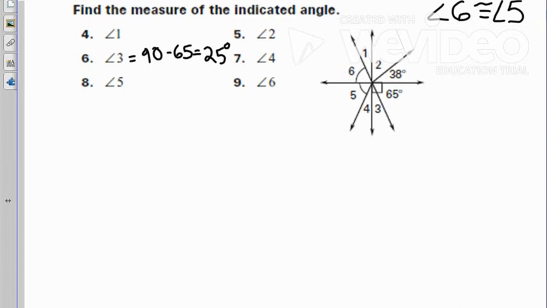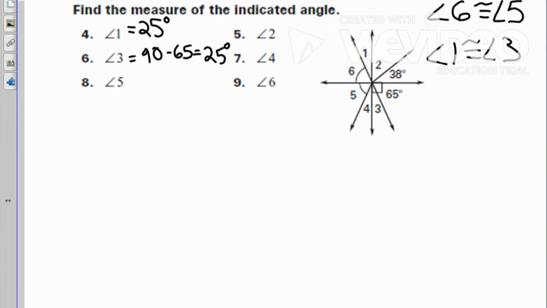Now, according to our intersection here, this line has indicated enough that it is a straight line all the way through, so we could say that angle 1 is also 25 degrees, because those are vertical angles. Angle 1 is congruent to angle 3 because of those vertical angles.